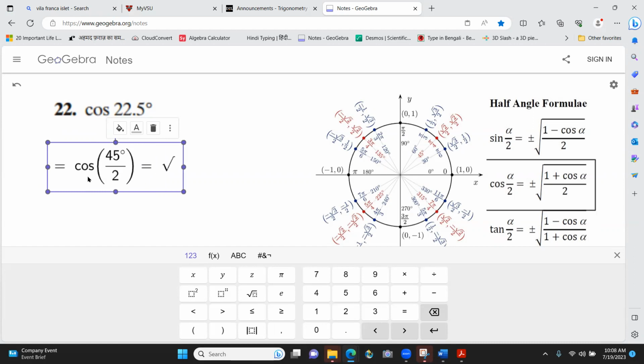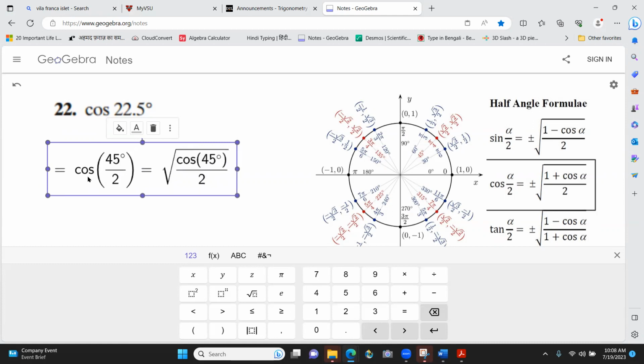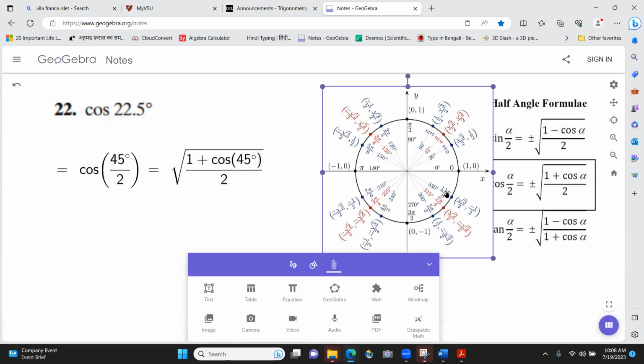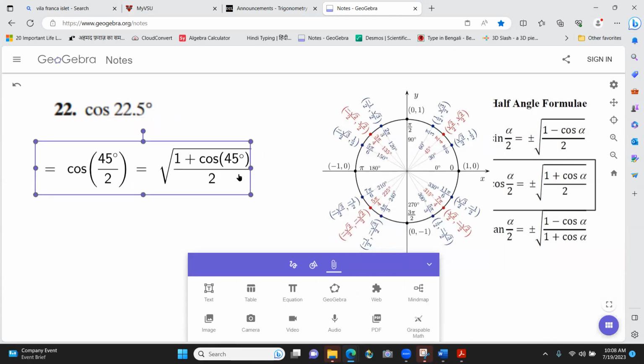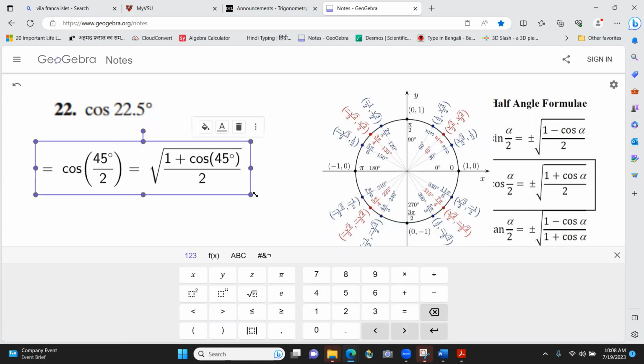So I'm just going to choose the positive one. All right, 45, 1 plus, I got the plus sign right. Everything looks fine. Okay, now cosine 45 degrees is 1 over square root of 2 or square root of 2 over 2.